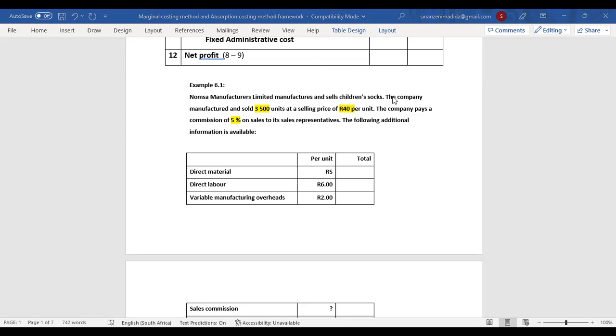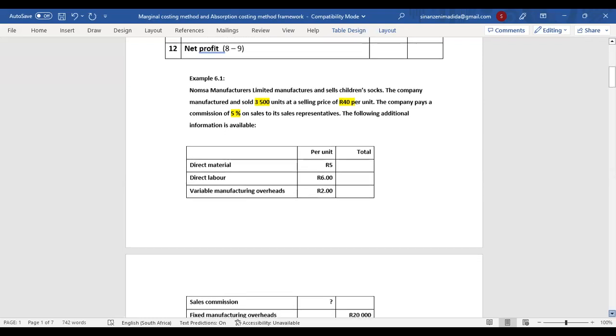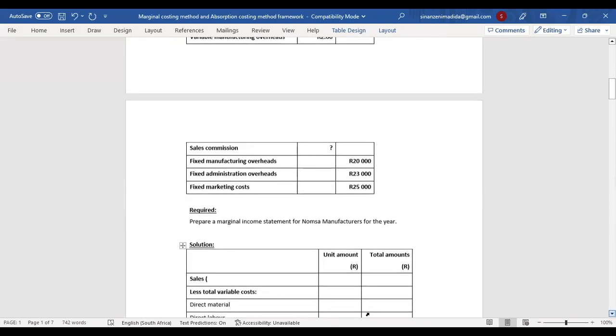Remember our first statement, the company manufactured and sold 3,500 units. So our units, we are taking them to our answer. For our sales, the total number of units that were sold is 3,500. And now we need to go back to the question, guys, and identify the selling price per unit. What was our selling price per unit?